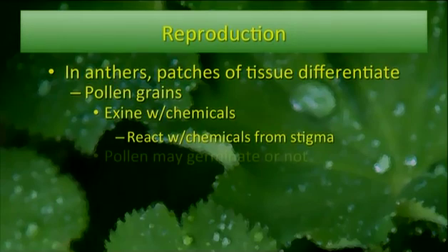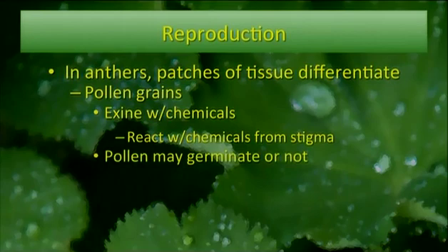So the pollen may germinate or not, depending on whether it is the right pollen. Generally, the pollen needs to be of the same species in many cases, even though we have seen some cases where you can have different genera crossing with each other. But usually there are barriers to actual pollination and fertilization.